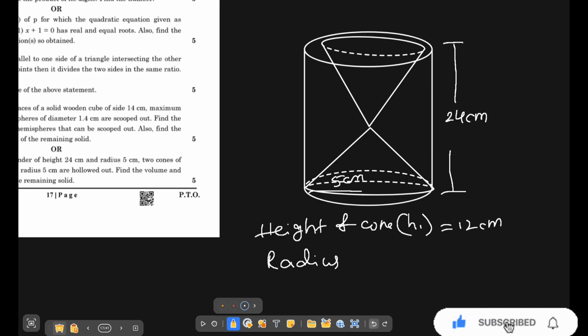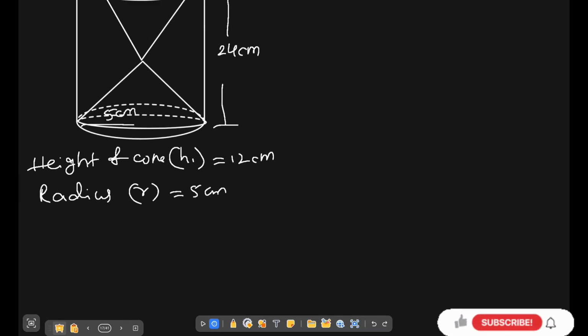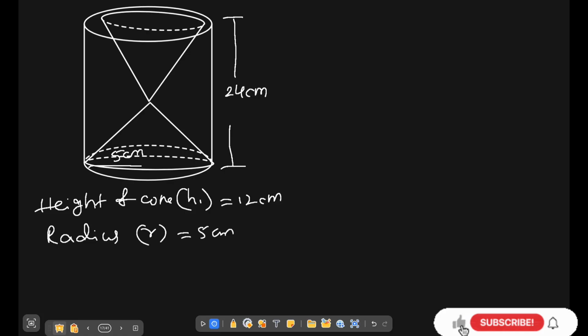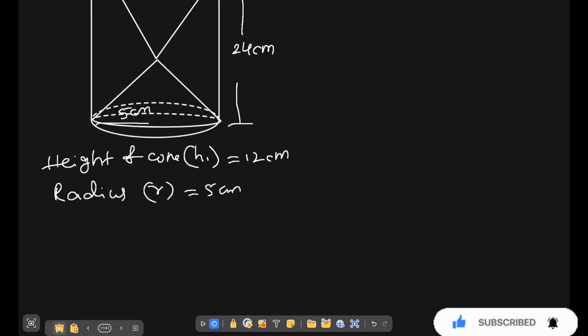So r is equal to 5 centimeters. So what we have to find? First of all, we have to find the volume of the remaining solid. So volume of the remaining solid is nothing but volume of cylinder minus volume of two cones.